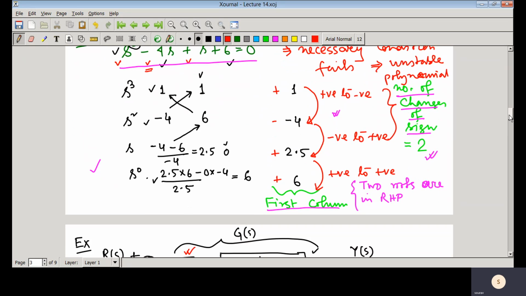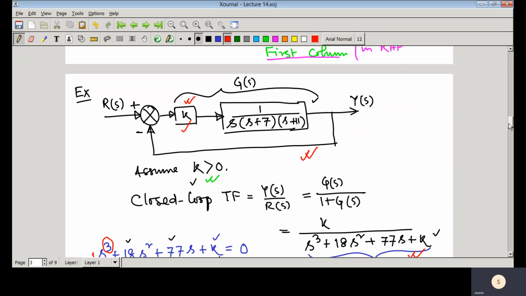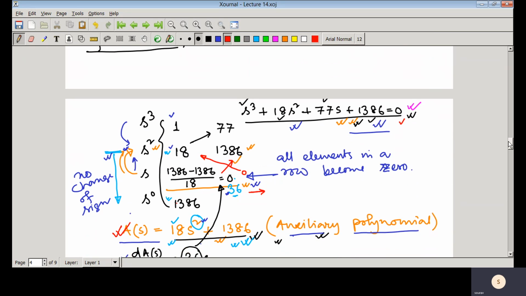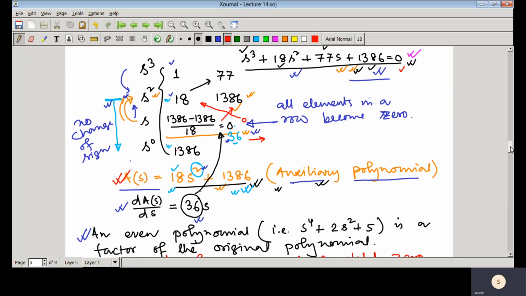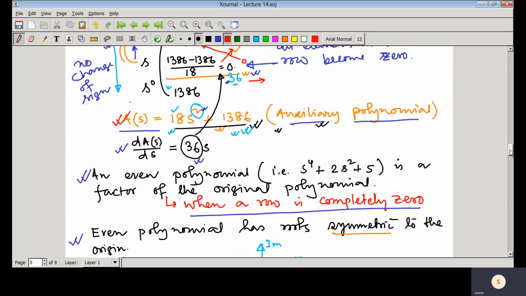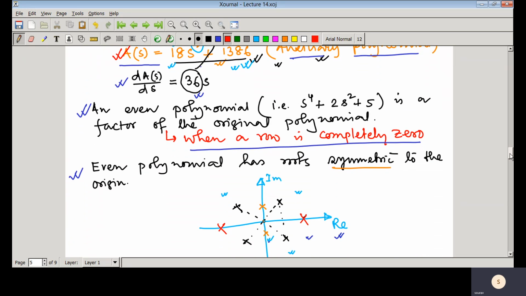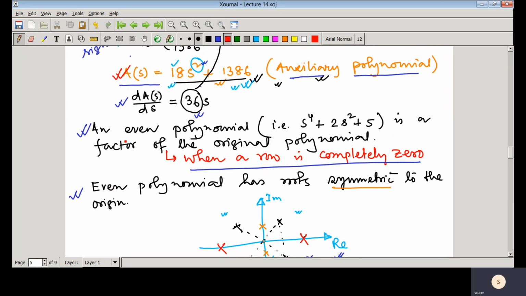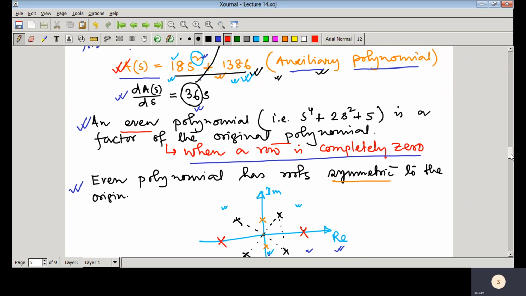And then we have seen some examples, and there are two different cases we have seen. One case is where all elements in a row may become 0. In that case we need to form the auxiliary polynomial, and for finding roots of the auxiliary polynomial we have invoked the property of even polynomials, because in this case the even polynomial would be a factor of the original polynomial.